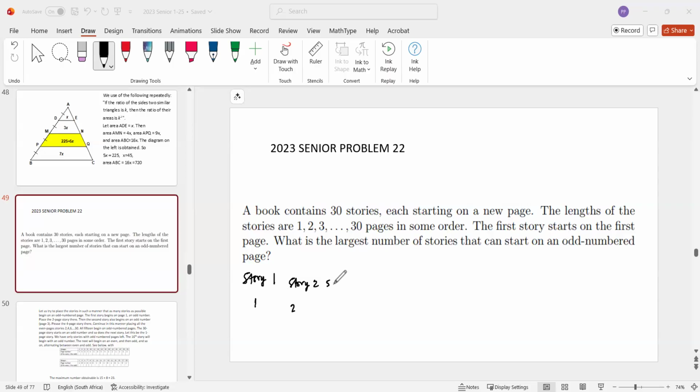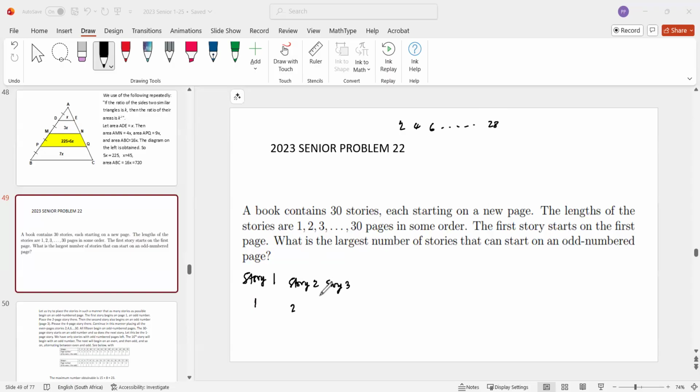Story 3. So you got the stories, half of them are 2 pages long. Well, the even lengths, 6 up to 28. And then let's exhaust all the even pages so we keep track.